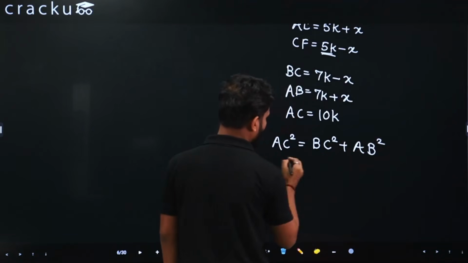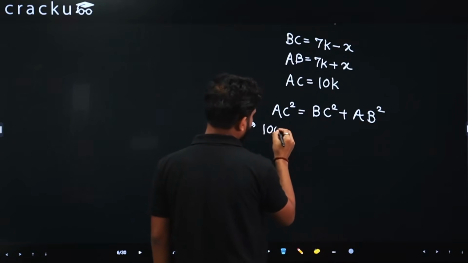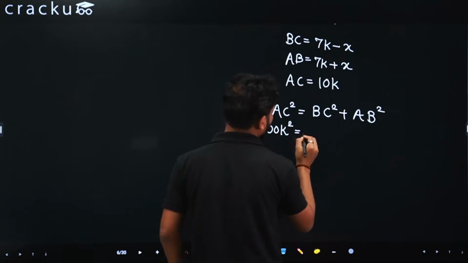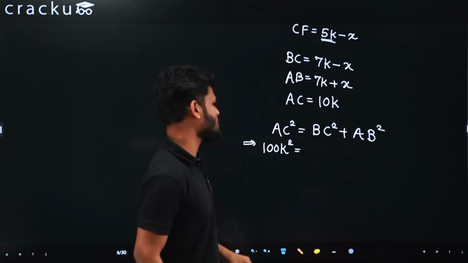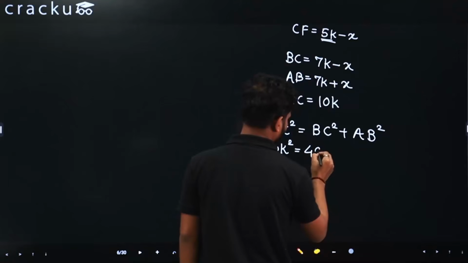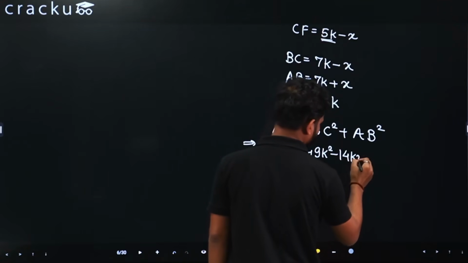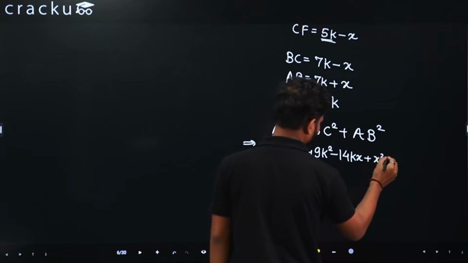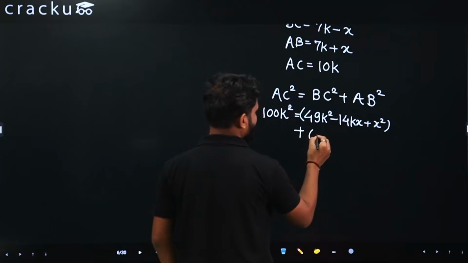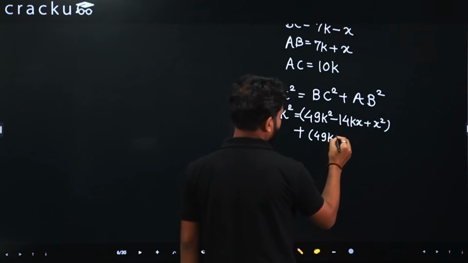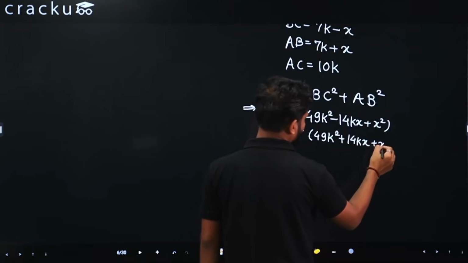From here, AC square, which is 10k square, will be 100k square, is equal to BC square. What is BC square? 7k minus x whole square. This will be 49k square minus 14kx plus x square. What is AB square? AB square is 7k plus x whole square. This will be 49k square plus 14kx plus x square.